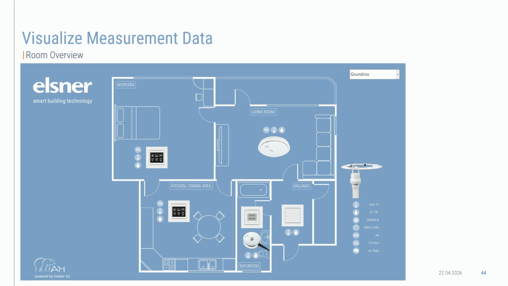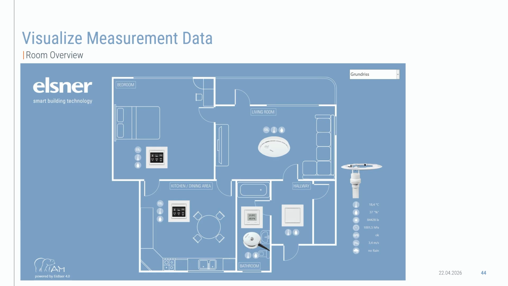You can press different symbols next to the devices, and then you come to different charts. The chart shows the data recorded over a long time, for example, for 1 week, for months, or for some years. And so you know which temperature or measured value a room had on which date.